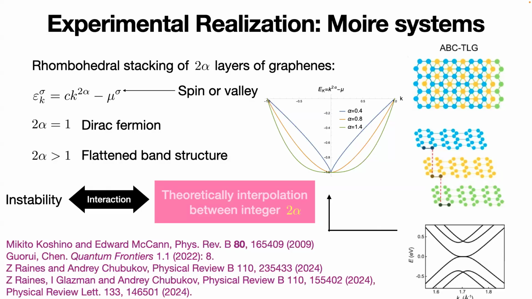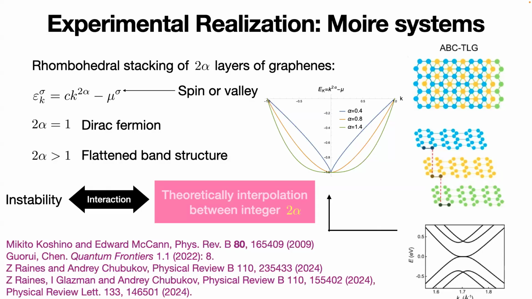A particular way of stacking is called rhombohedral stacking, basically ABC stacking of multiple layers of graphene. Both theory and experiment show that as we stack more layers, the band structure becomes more flattened. The exponent of this dispersion is exactly the number of layers of the stacking.